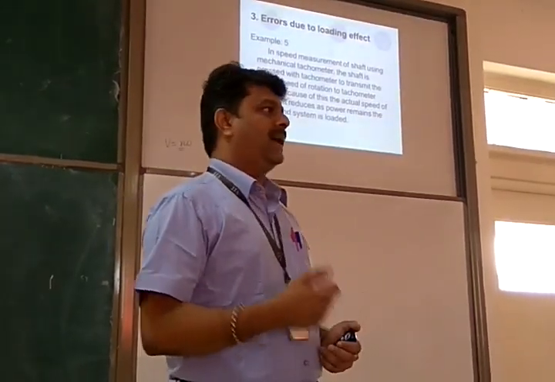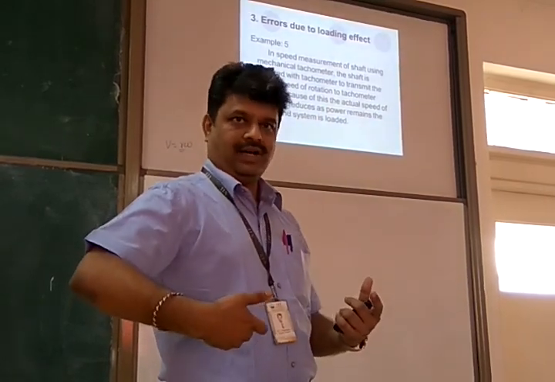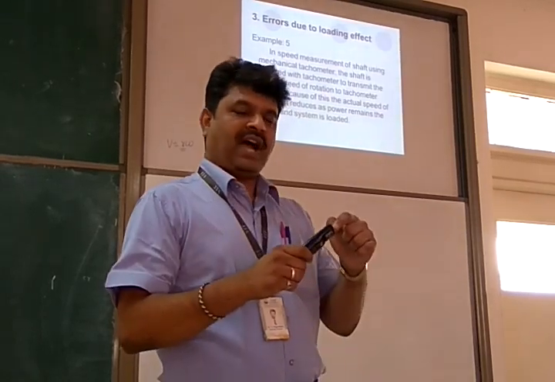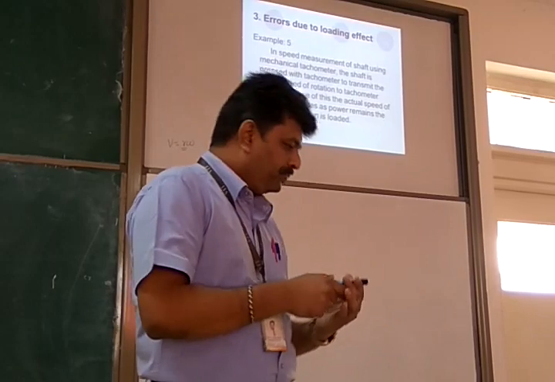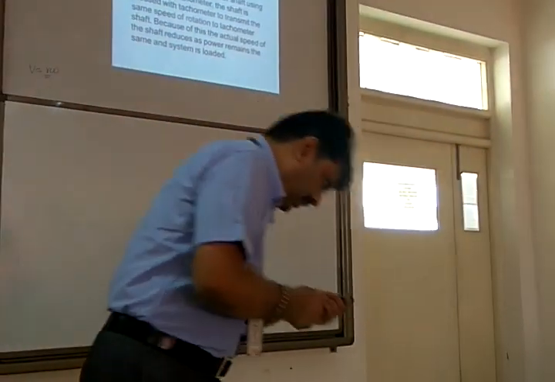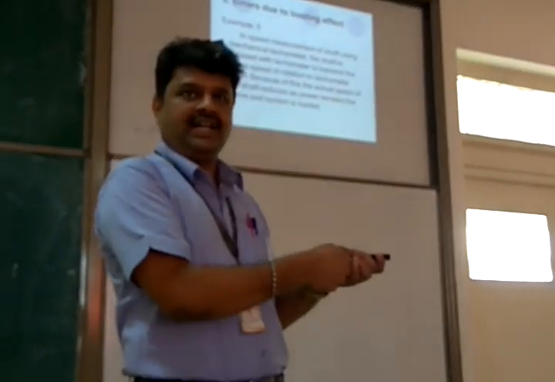In a mechanical tachometer, we have a DC generator inside the instrument. We have a shaft which can be rotated, with a conical end. We take the conical end to the shaft, where there will be a conical dent. We press the tachometer in the conical dent.